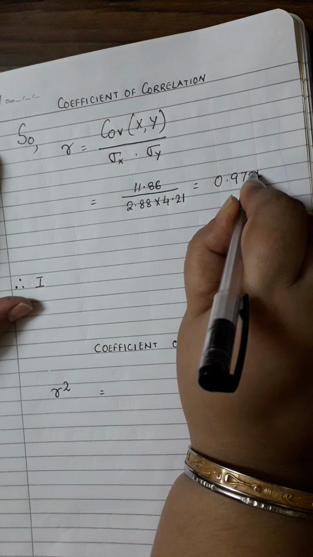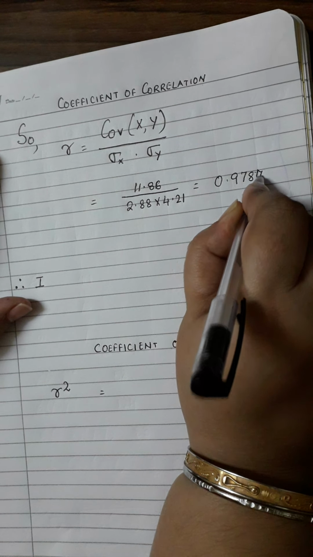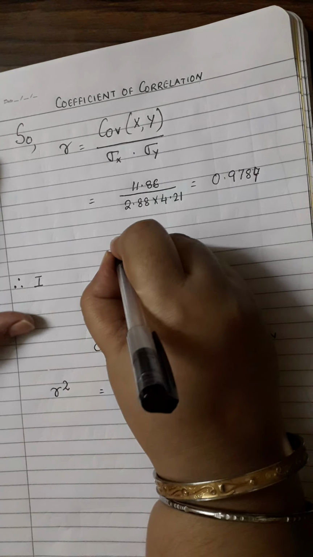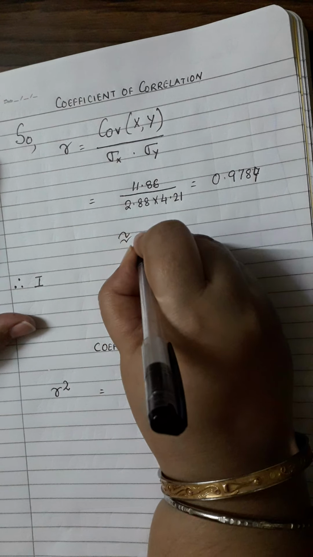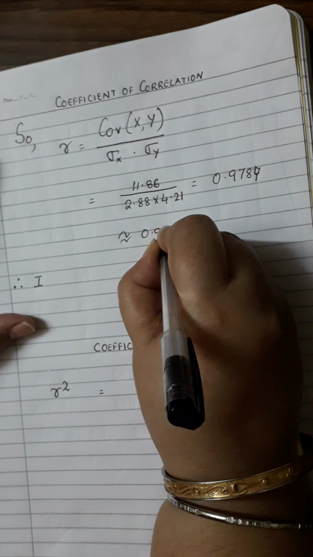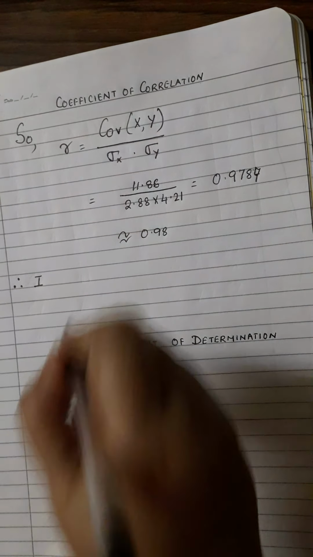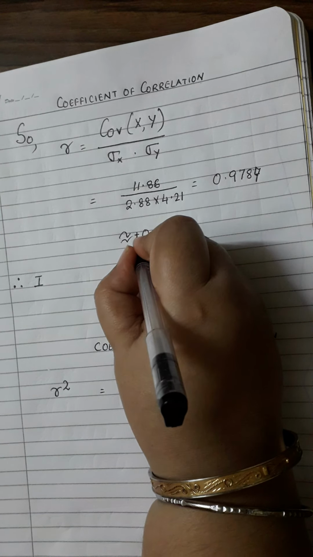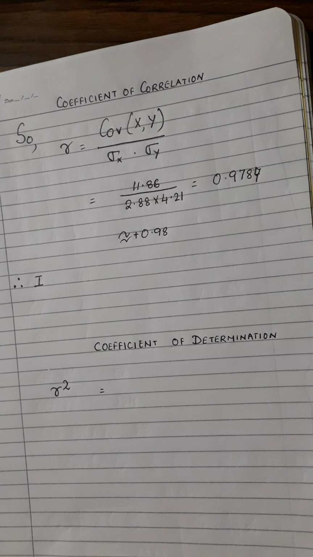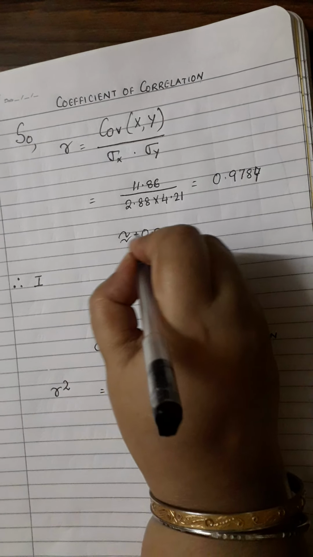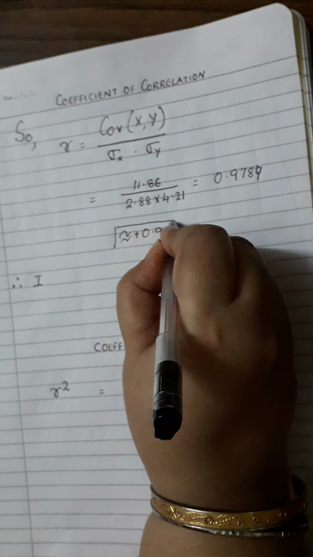So 0.9787 is the value that we are getting. So we can definitely put it as 0.98. Of course, it is coming with a positive sign. So when we have the value of r to be 0.98, it is more close to +1 value. So it is having a very positive correlation.